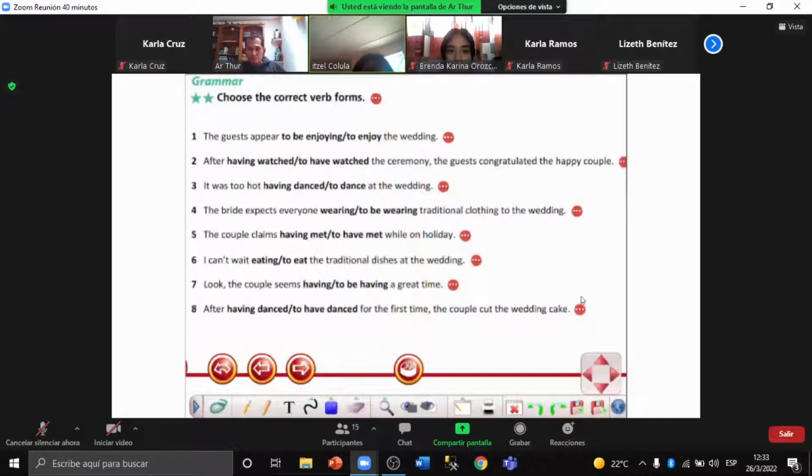The guests appear to enjoy the wedding. No, it's to be enjoying. Okay. Samuel, number 2. After having watched the ceremony, the guests congratulate the happy couple.